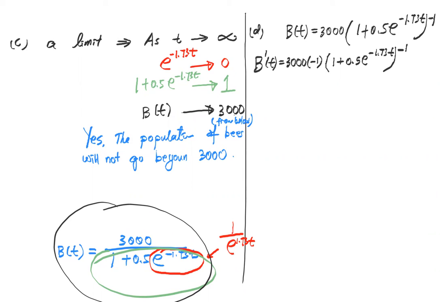I have no space, so I write down here, multiply by, you differentiate, the power take away 1, negative 2, okay?